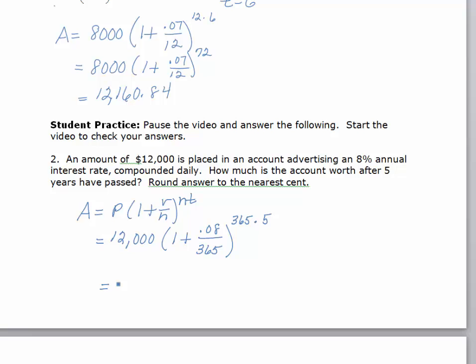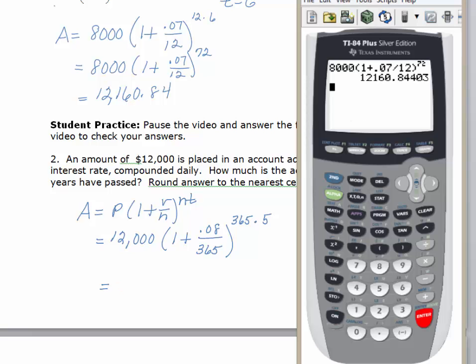Let's pull out our calculator to evaluate this. Clear that out. On this one, I'm actually not going to evaluate the exponent first. I'm going to show you how, if you don't want to do that, you can do it on your calculator, but you have to be really careful with your exponents.